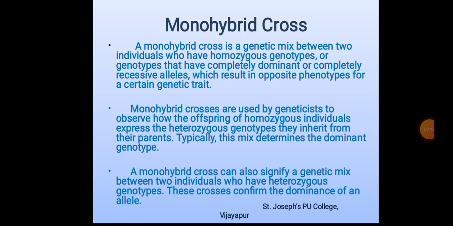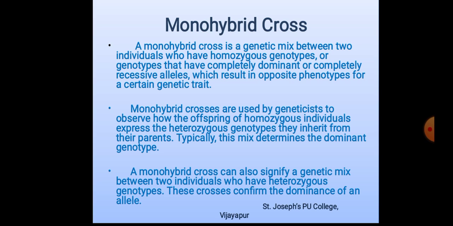Now you understood exactly what a monohybrid cross is. A monohybrid cross is a genetic mix between two individuals who have homozygous genotypes, or genotypes that have completely dominant or completely recessive alleles, which result in opposite phenotypes for a certain genetic trait.